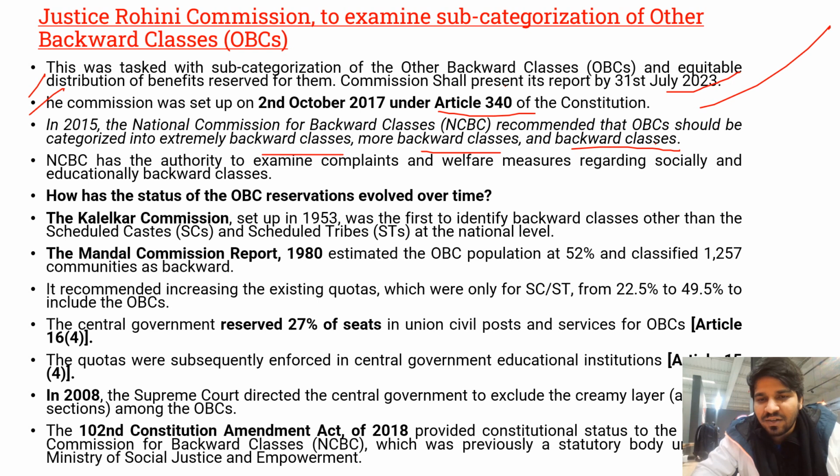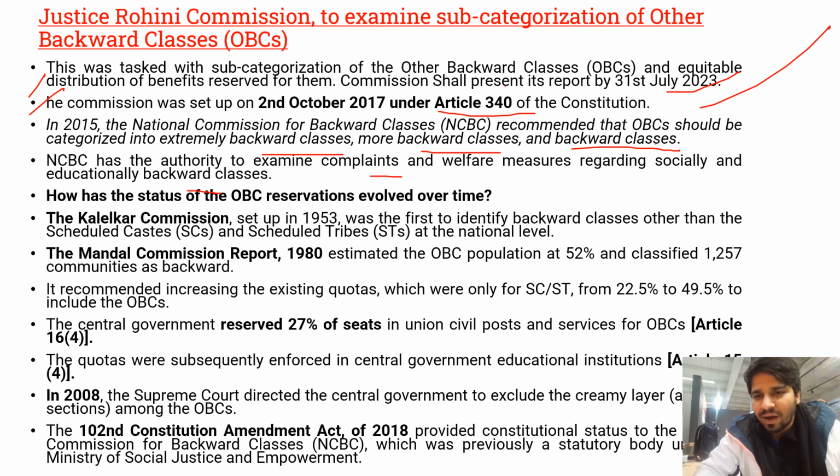It has submitted its report. So the National Commission for Backward Classes has the authority to examine complaints and welfare measures regarding socially and educationally backward classes, right? So OBCs are not defined as backward classes in terms of economics, but these are those classes which are educationally and socially backward, right?